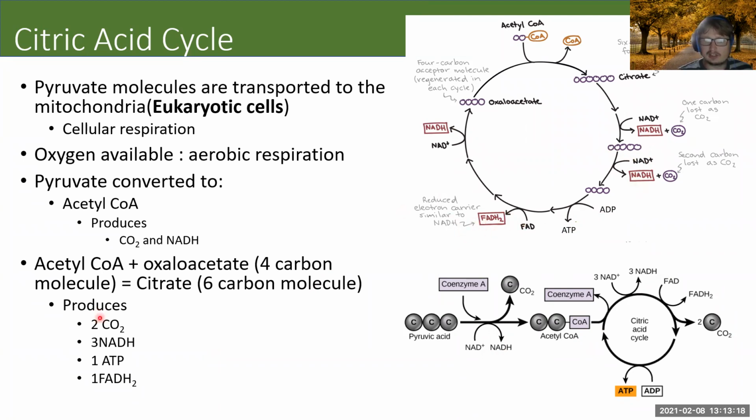And so remember, this is 1 molecule of pyruvate. That pyruvate's converted into acetyl-CoA, and then the acetyl-CoA makes these. So this is actually times 2, because you have 2 pyruvate molecules that are made from glycolysis.